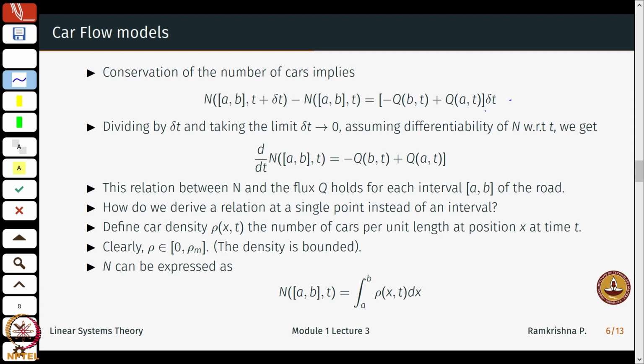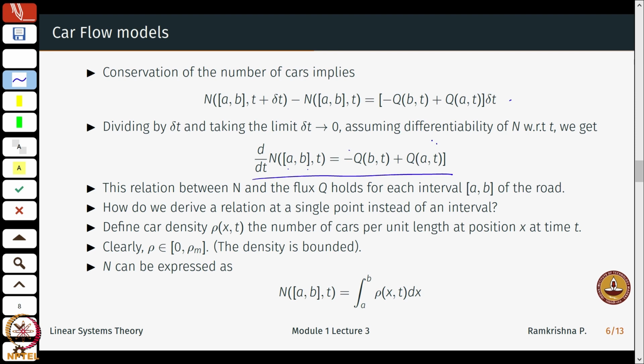Okay. Now, I divide by delta t and then take the limit, and I have a nice looking ordinary differential equation in terms of n: the rate of change of the number of cars in the interval a comma b is just defined by the number of cars that are leaving point b and the number of cars that are entering point a.